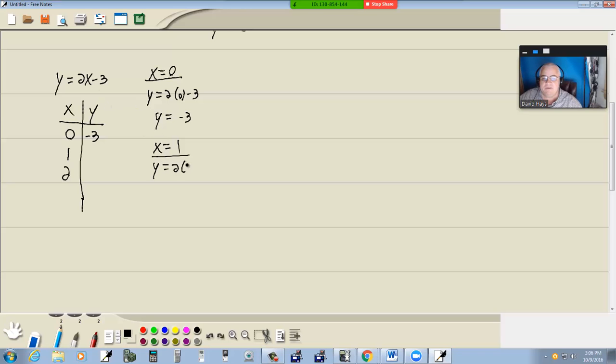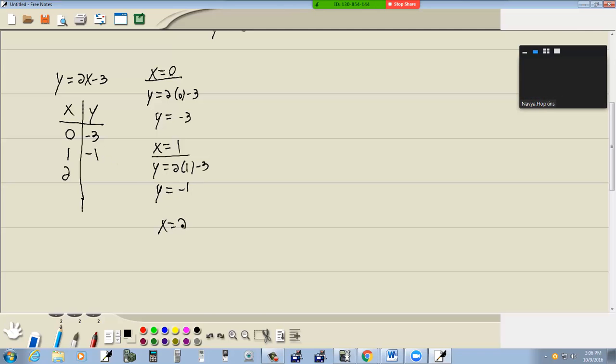So I've got y is equal to 2 times 1 minus 3. 2 times 1 is 2, minus 3 is -1. And then if I plug in my last one, x is equal to 2, I'm going to get y is equal to 2 times 2 minus 3, 4 minus 3, or 1.